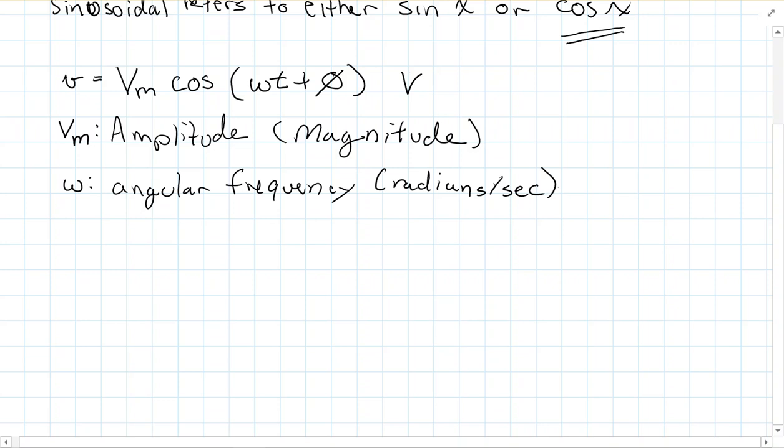Then we also have the period. If we go back to trig, the period is 2 pi over omega, and its units are seconds.